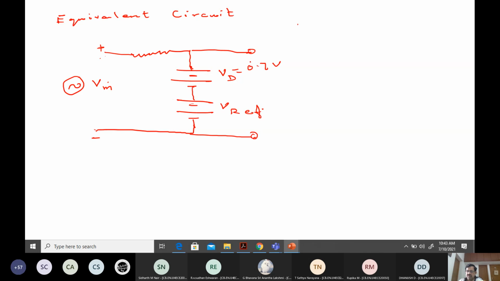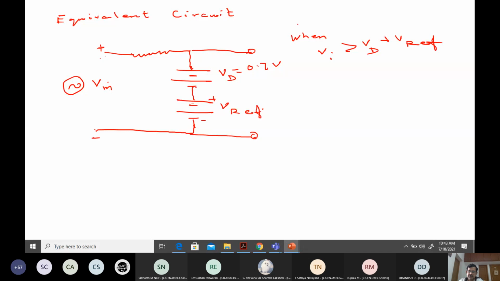So when the input voltage is greater than this 0.7, VD plus VR, V reference, because look here, this is positive and this is negative.